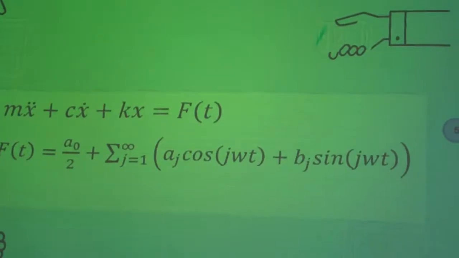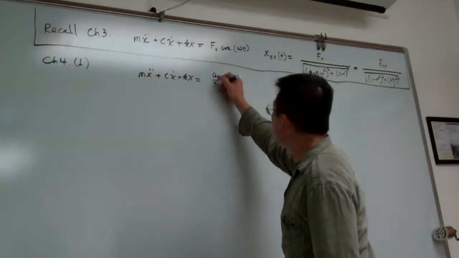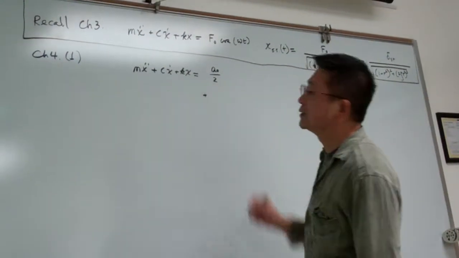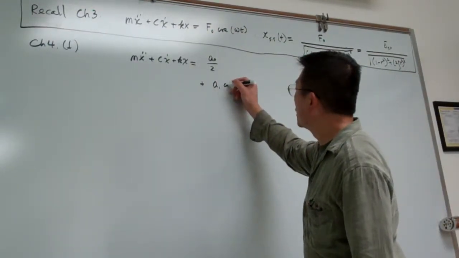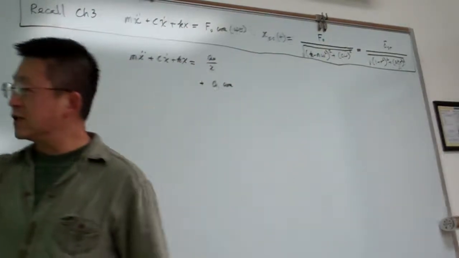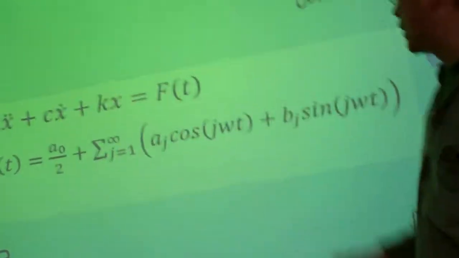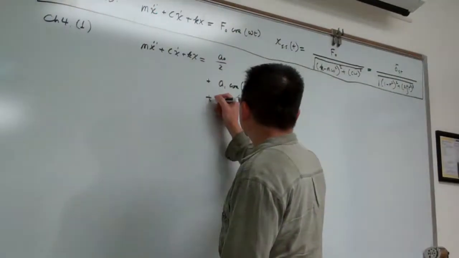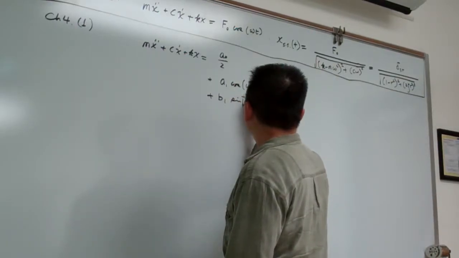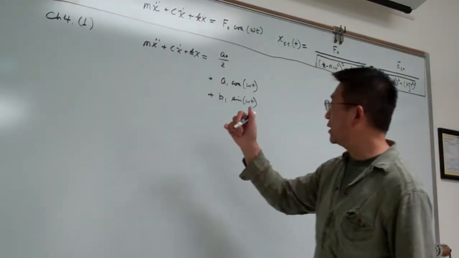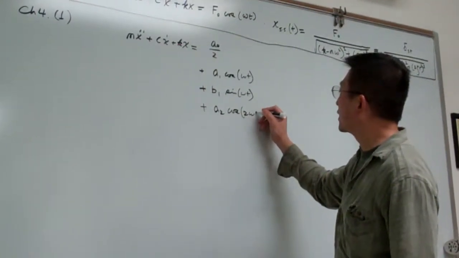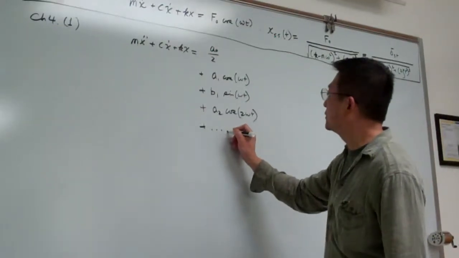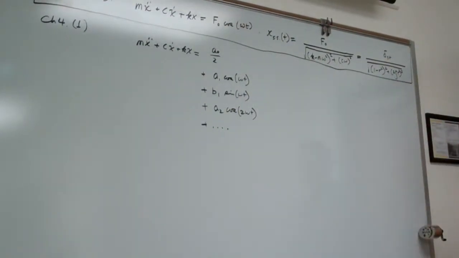The first term is a0 divided by 2, plus the second term a1 cosine omega t, when j equals 1, and the next term is b1 sine omega t. Then we continue: a2 cosine 2 omega t plus etc. Okay, so we repeat it.